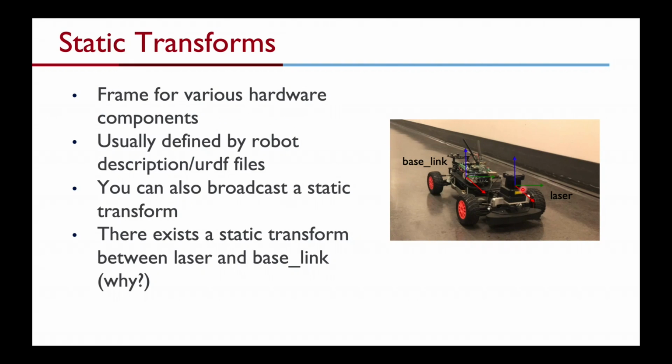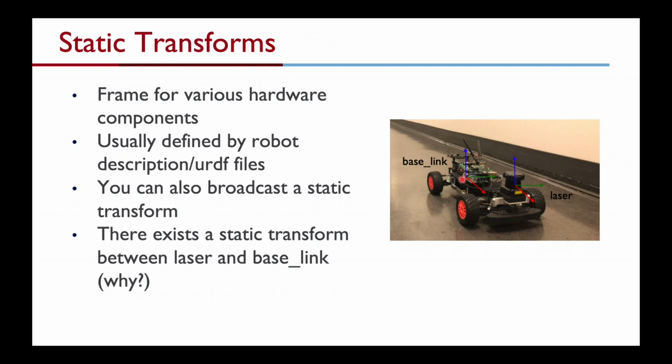So let's get back and look at some examples of these transformations on the F110 car. Here's an example of a static transformation on the F110 car. In the simulator and also on the real hardware, we broadcast a static transformation, and one example of that is a static transformation between the laser sensor and the base link.